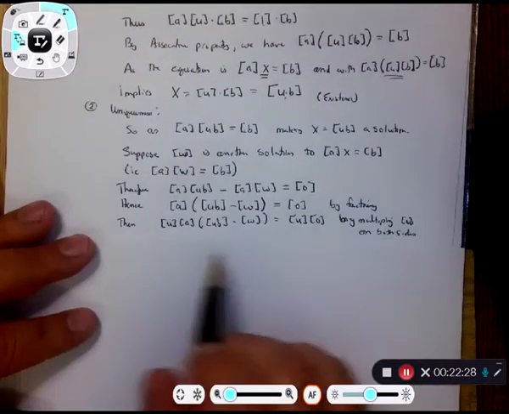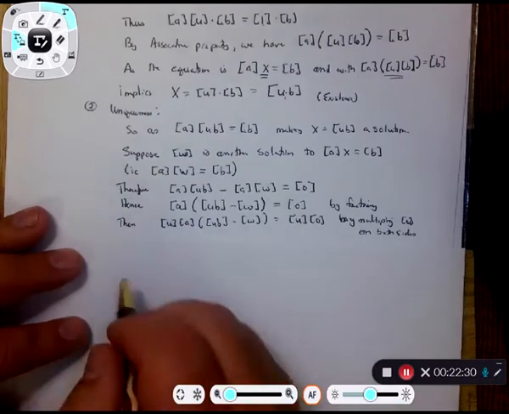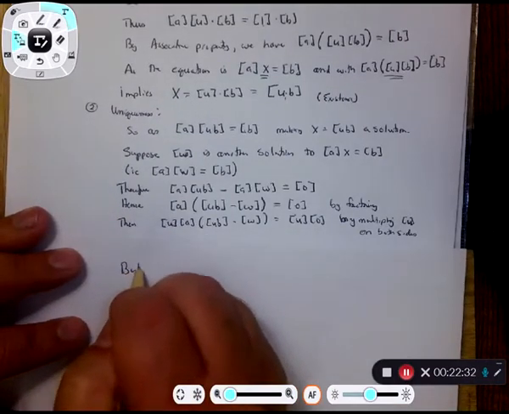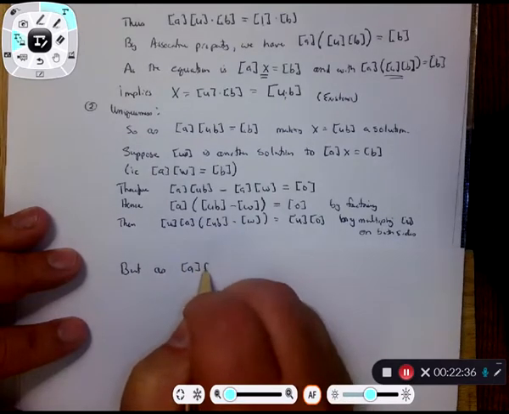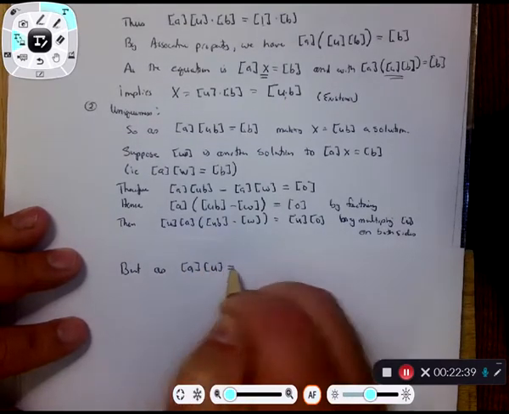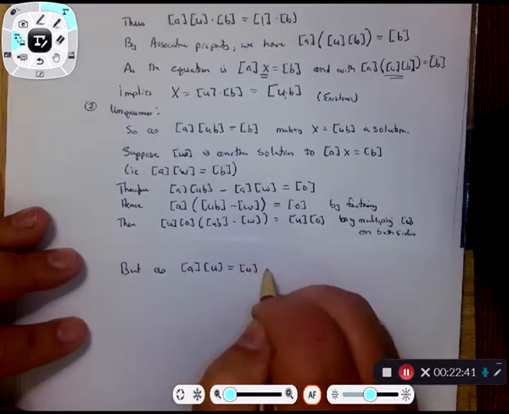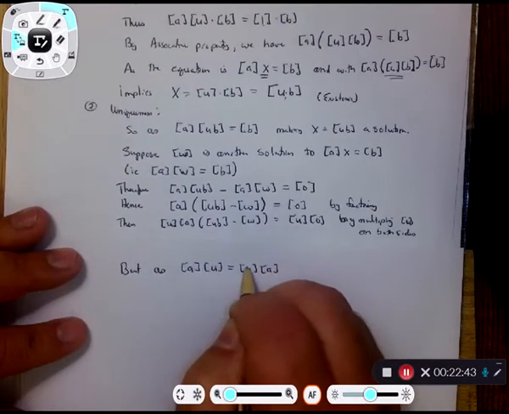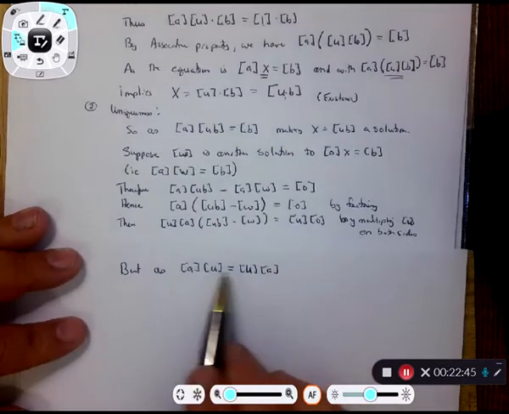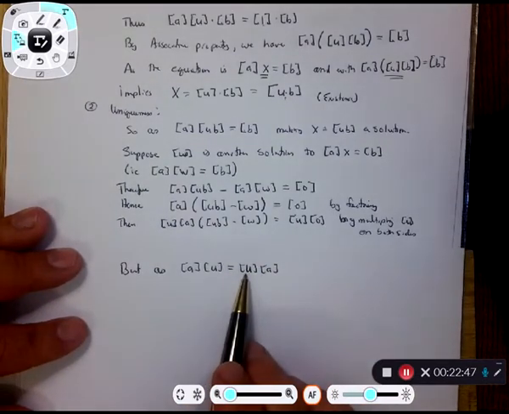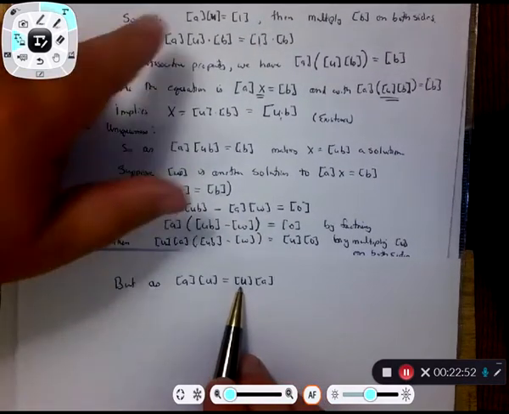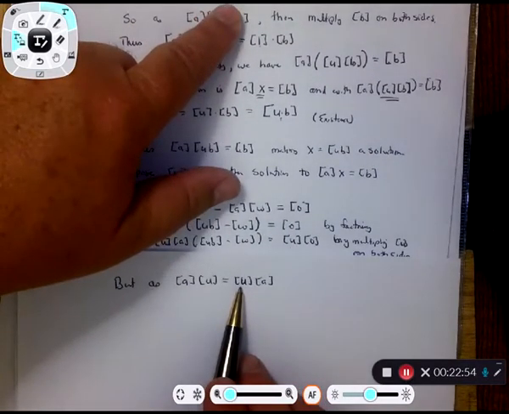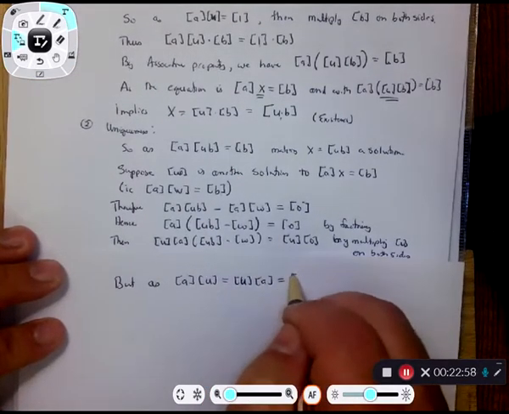I multiplied by U on both sides. But as A times U is also equal to U times A, because in Z mod P we have commutativity, it doesn't matter what order you have these guys in. But remember, A times U was equal to 1 from our theorem 2.8.